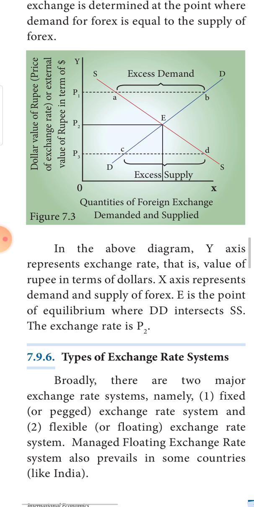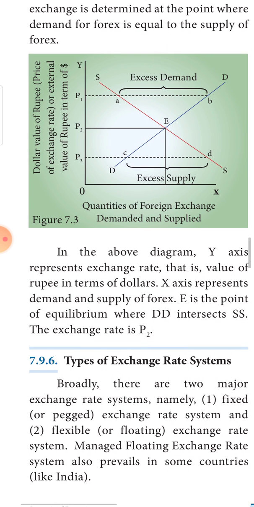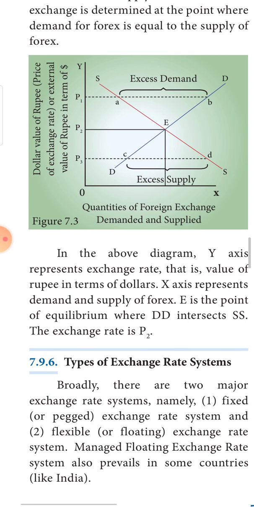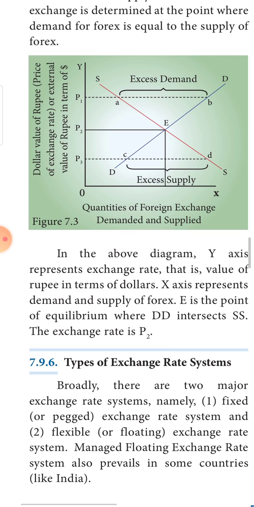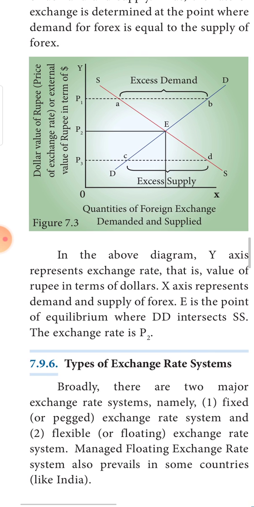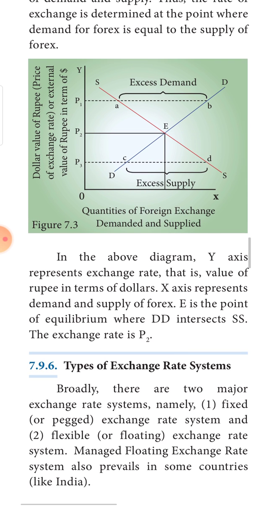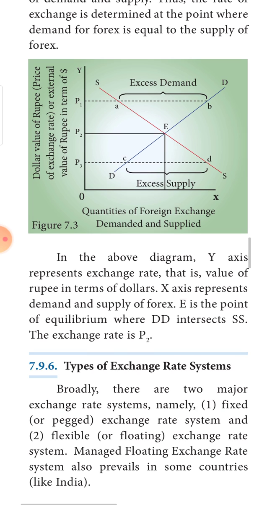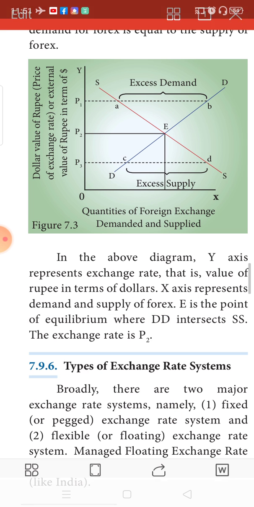Now at E, that is at OP2, OP2 determines the equilibrium exchange rate of foreign exchange, where the demand and the supply curve intersect. In the above diagram, the y-axis is the exchange rate, that is the value of rupees in terms of dollars.